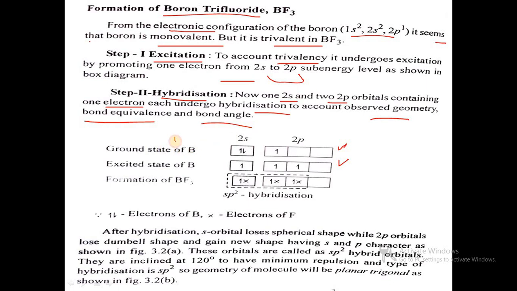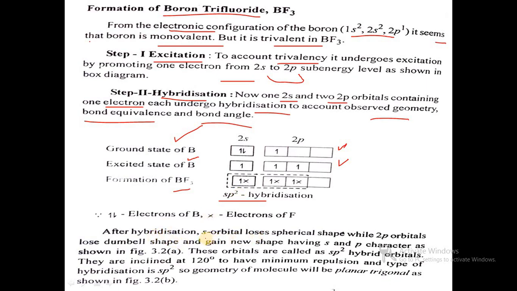In the ground state of boron it is 2s2 2p1, but in the excited state it has 2s1 2p2. Then in the formation of BF3, this mixing and recasting gives sp2 hybrid orbitals, which combine with one electron of fluorine.